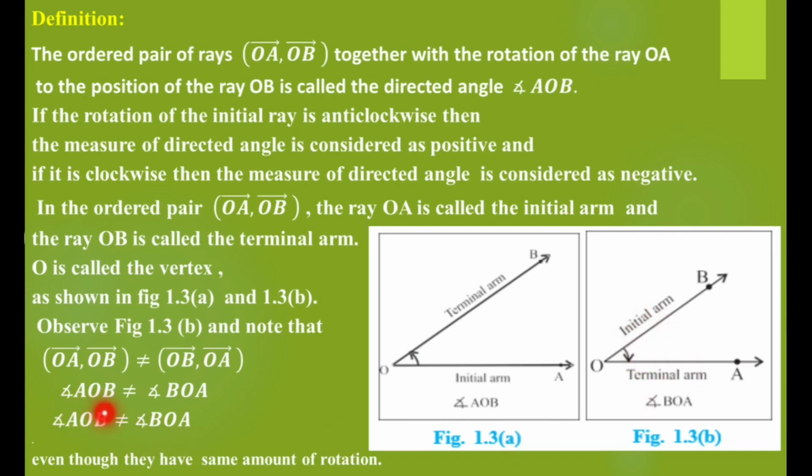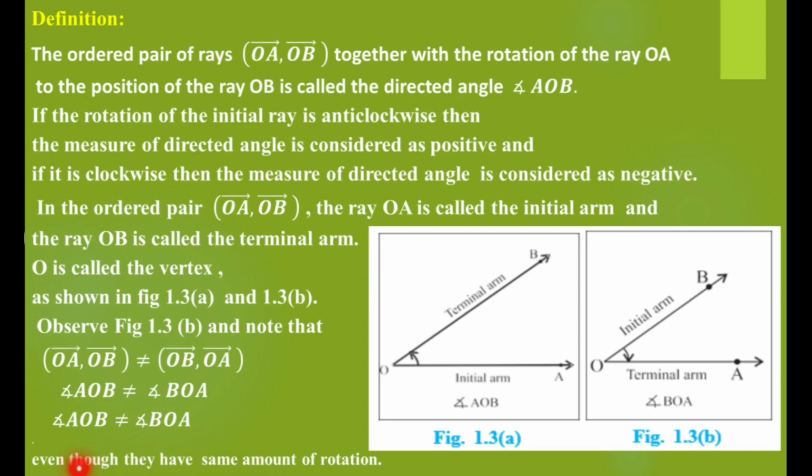So we write angle AOB not equal to angle BOA, and the measure of angle AOB is not equal to the measure of angle BOA.